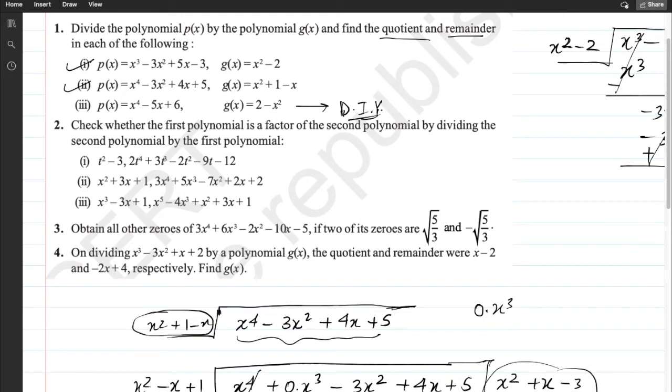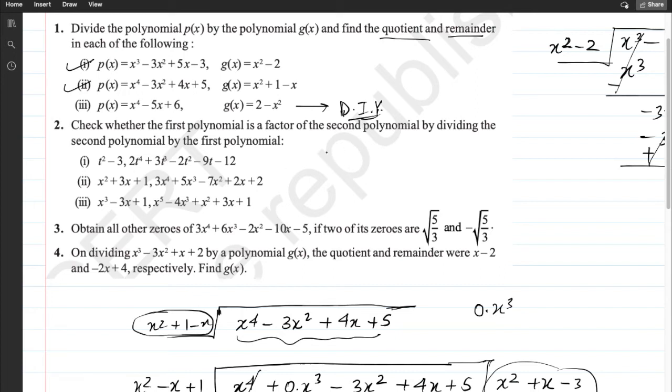All right, so now let's jump to the second question. What is it saying? Question number 2 is saying: check whether the first polynomial is a factor of the second polynomial by dividing the second polynomial by the first polynomial. So what he's trying to say over here is that I need to divide the long expression by the small expression.